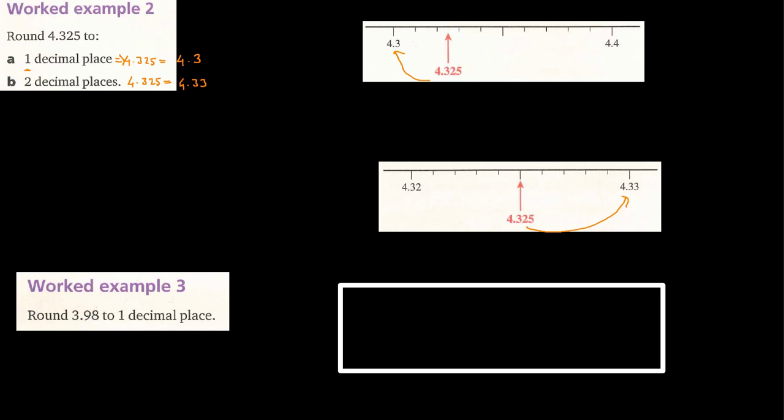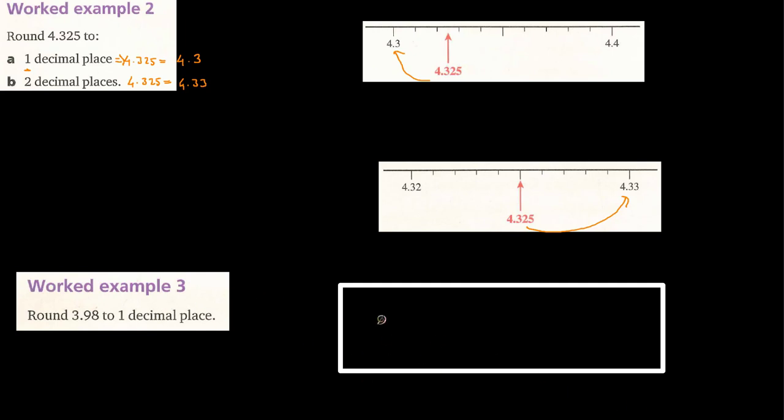Here also this is a specific case. When we round 3.98 to 1 decimal place, we need to be careful about this one. It's going to be between 3.9 and 4.0, because the next 0.1 decimal unit is going to be 4.0.